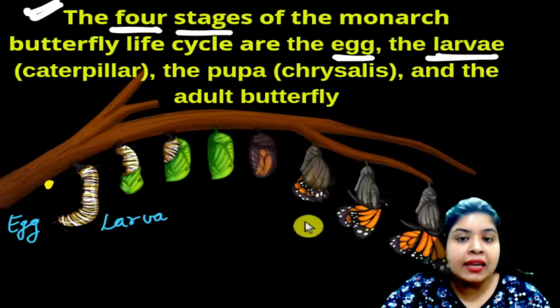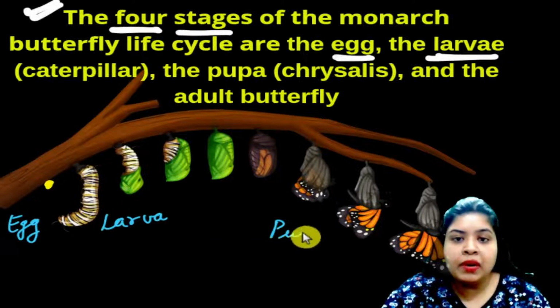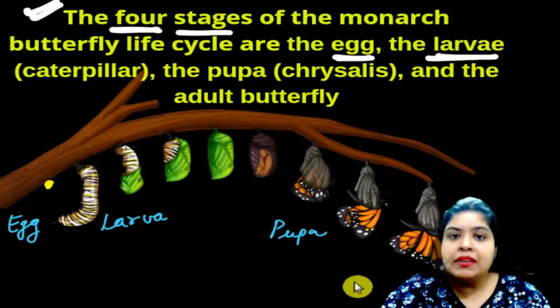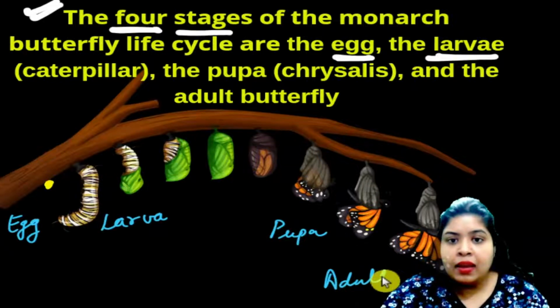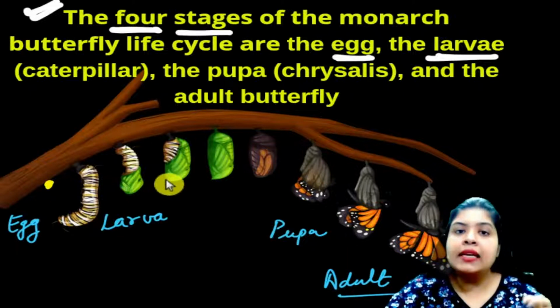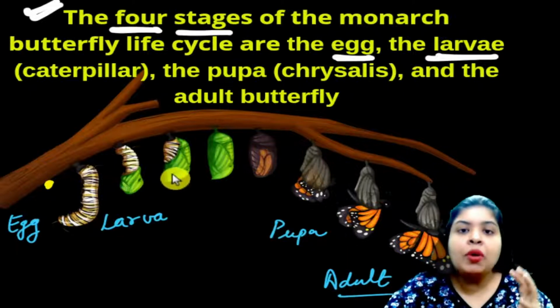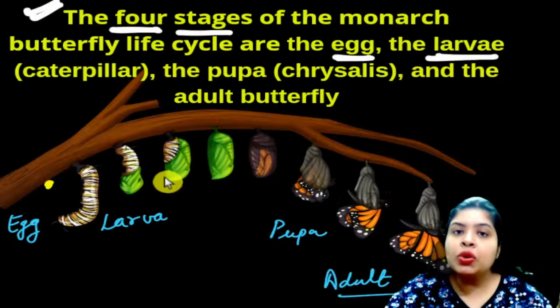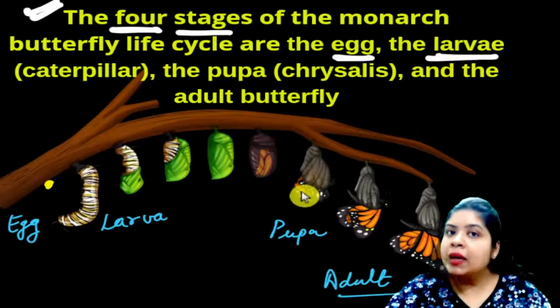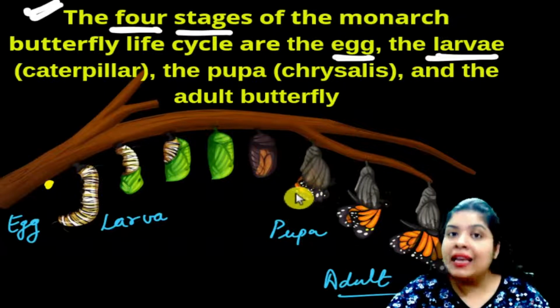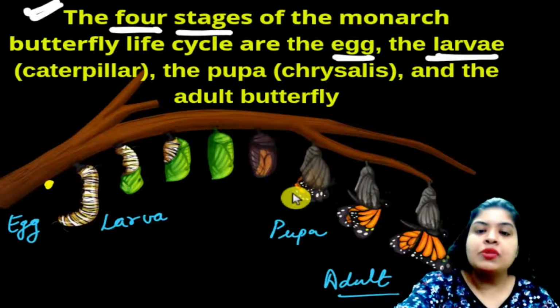Then we have the next stage which is called the pupa, and lastly we have the adult butterfly. Okay, so this is what is being said here, that any organism, until it grows properly, until it gains maturity, cannot go further into reproduction. Fine. So this is clear.